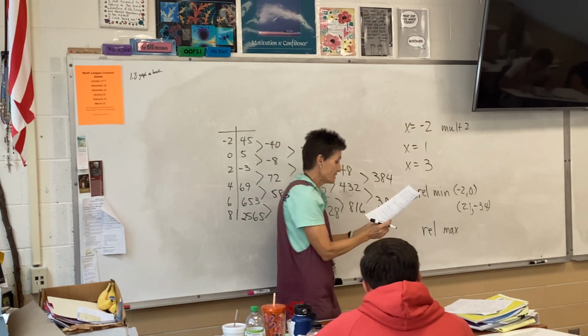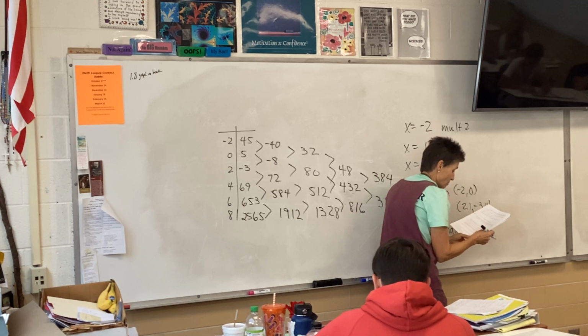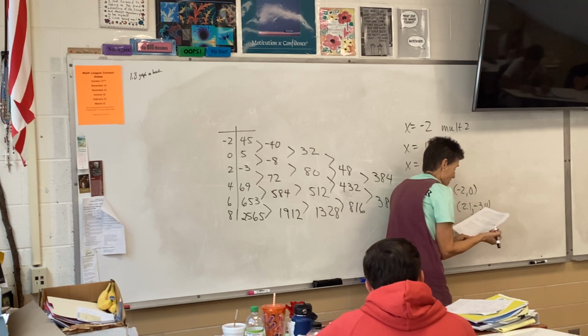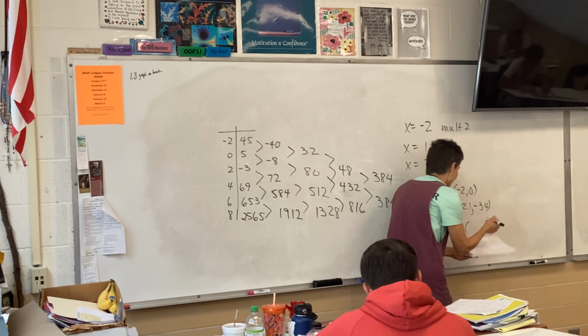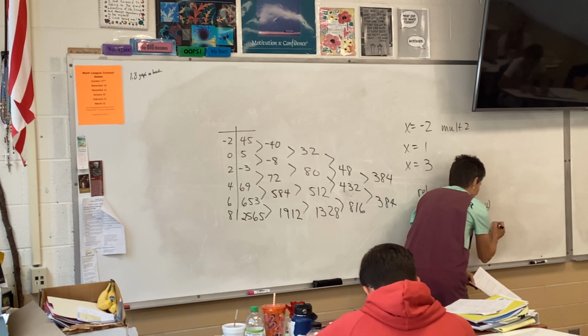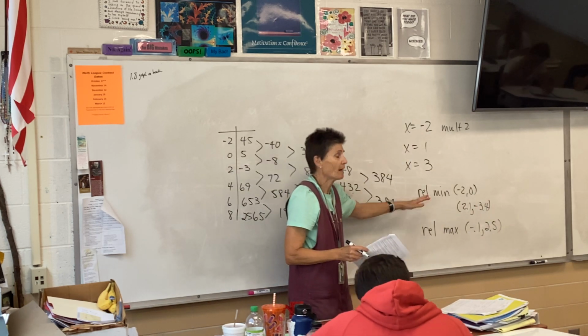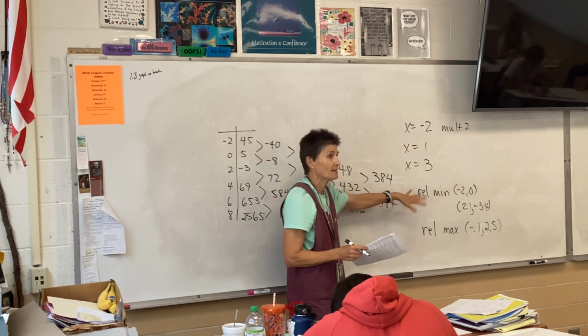The only relative maximum we have is at 0, or maybe, I can't tell, is it maybe negative 0.1, comma, 2.5? Something like that. We're approximating. I'm not getting all bent out of shape about that. That's approximately where it is.